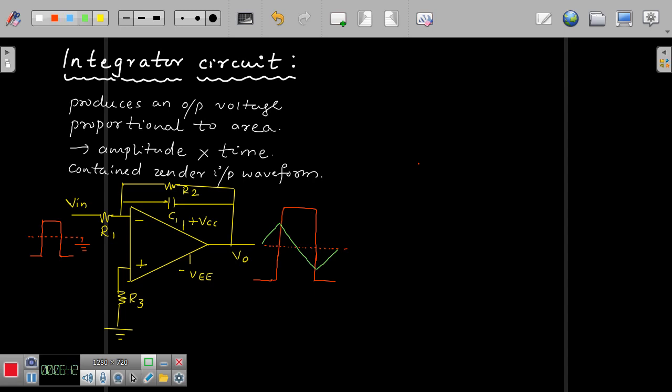This is going to be delta V, you can take this as delta V, and of course this is delta T, after having seen the differentiator operation, right? So probably these waveforms are easy to understand here.